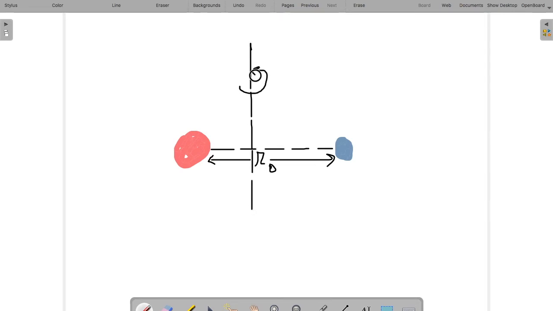Now, the more this angular velocity increases, each of these two atoms, M1 and M2, will experience a centrifugal force.